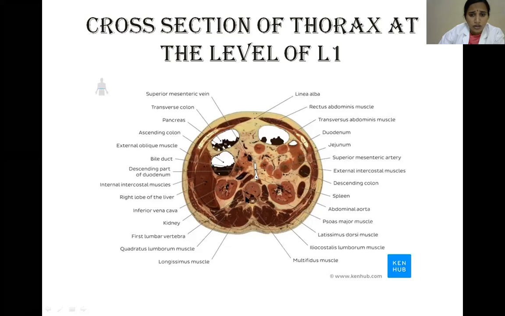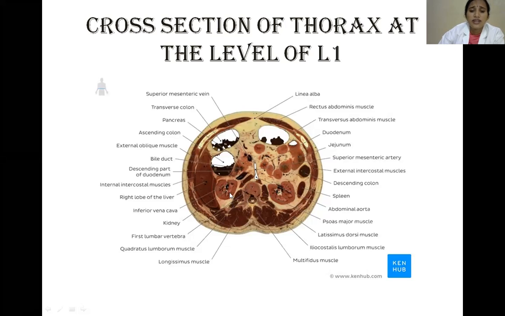Next, just in front, on either side of the body of the L1 vertebra, this muscle you are seeing is the rectus abdominis muscle. Sorry, sorry for the mistake. This one is the psoas major muscle, just on either side of the body of the L1 vertebra.